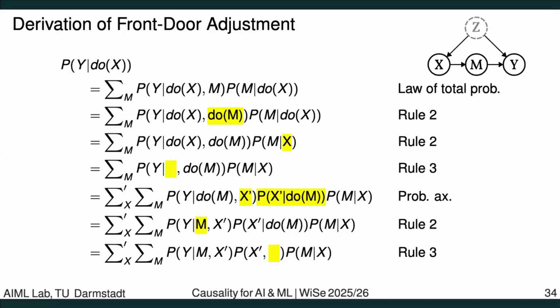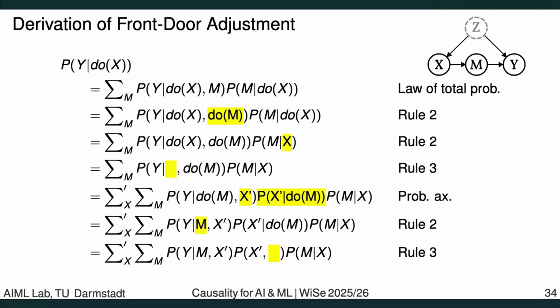No, did I mess it up? Oh no, right. This is m on x, right? So this is this first part here. Yeah, but this is really the decomposition of the distribution according to this graph.